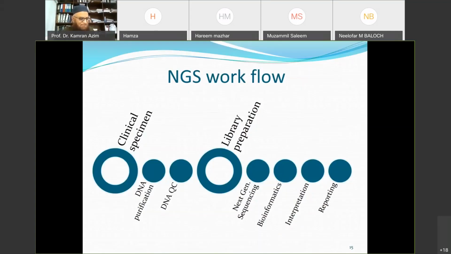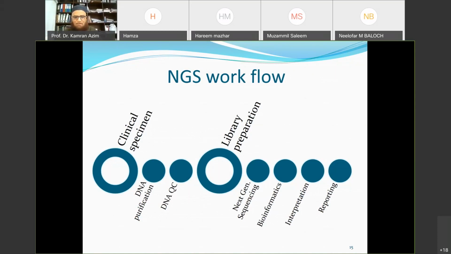This slide is telling us about the workflow of DNA sequencing, starting from a sample from anywhere. It can be a clinical sample from a patient, or from a plant or bacteria or anything. After that, DNA is purified and extracted from the sample, for example from blood or tissue of the patient, or from bacteria.